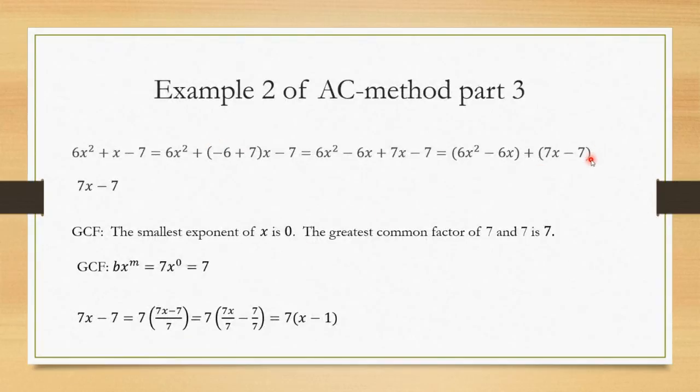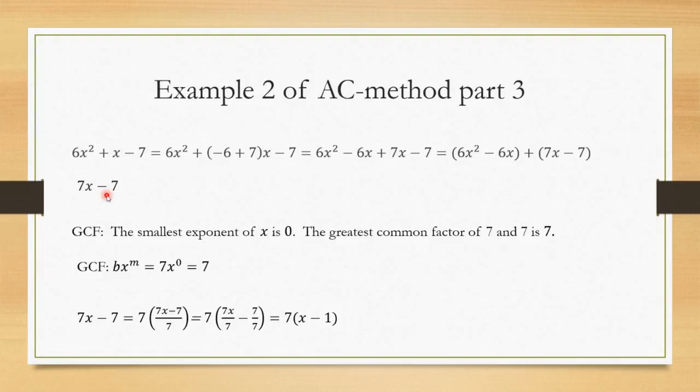The 7x minus 7. Well, since there's a non-zero constant term, right, the smallest exponent of x then has to be 0. Again, there's a non-zero constant term. Also, the coefficient and the constant term, they're equal to each other.